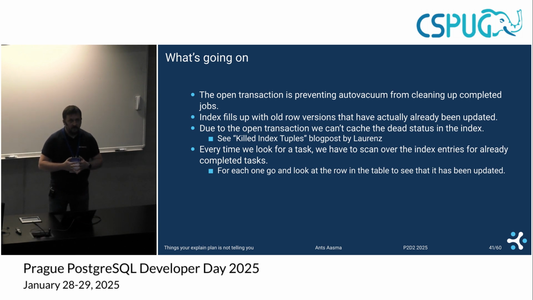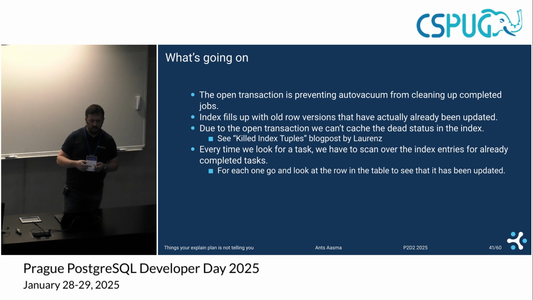But what this all means is that every time we want to find a task that is in to-do state, we have to go through the whole index and, for every index tuple, go and read it from the table and see, is this row visible or not? And then we find, okay, this was updated, I can see it was updated. Okay, we can ignore this, go back to the index, find the next one, and repeat and repeat and repeat.